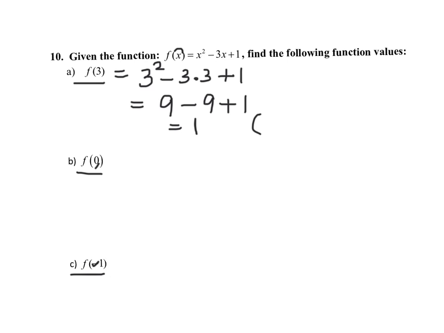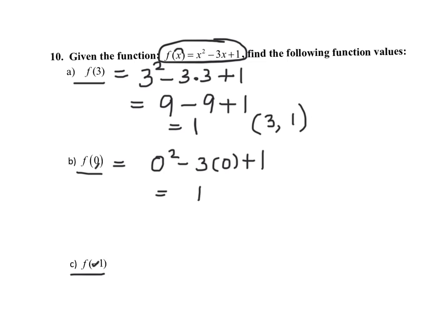I'm telling you that when I plug in x as 3, my y value is 1. F of 0: 0 squared minus 3 times 0 plus 1, which is 1 again. So when I plug 0 in place of x, my function value is 1.